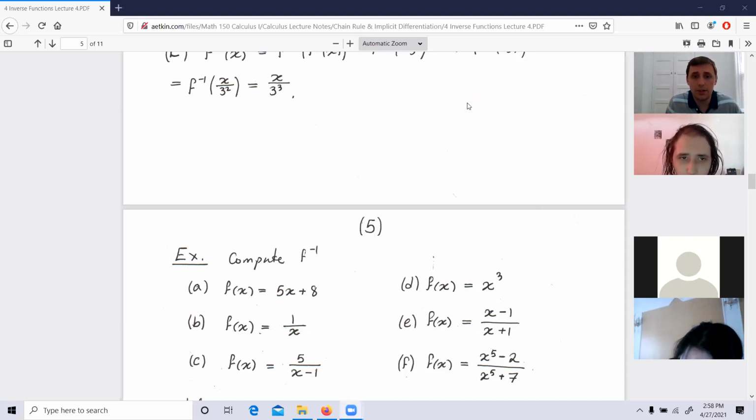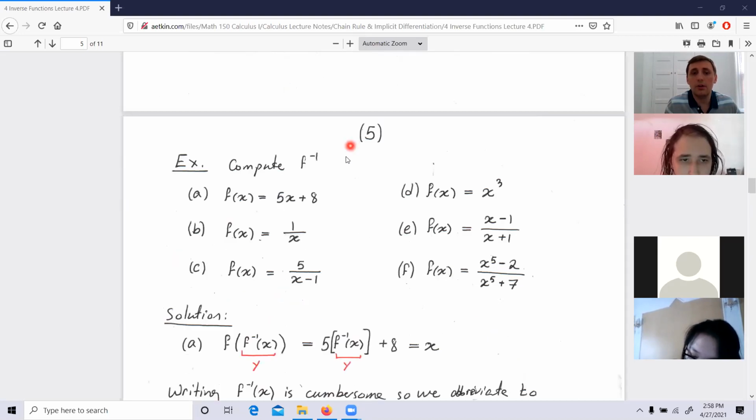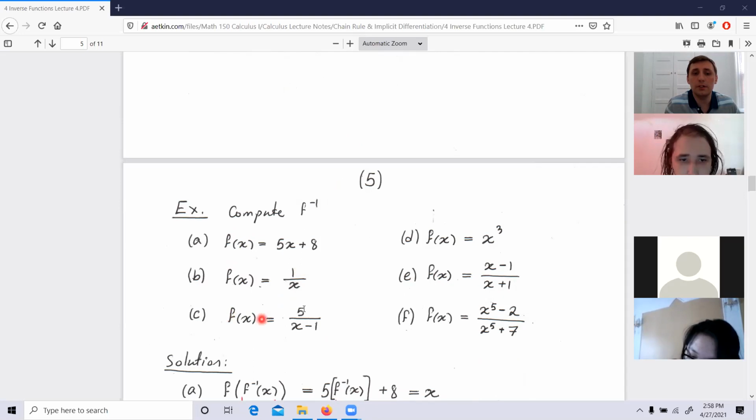The answer is 1 over x. It's itself. The inverse function in this case is itself. I don't need to explain. Yes, guys? The inverse function in this case, it's called an involution, is the function itself. It cancels itself. Now, please tell me the inverse for C.